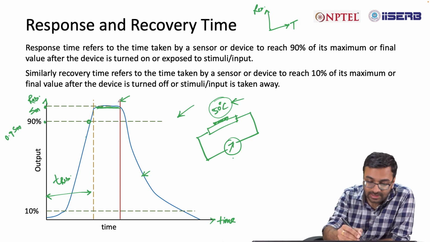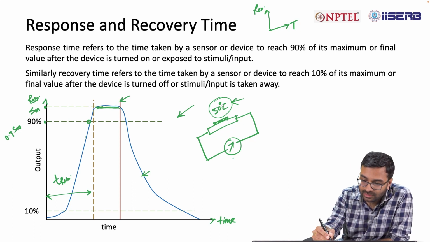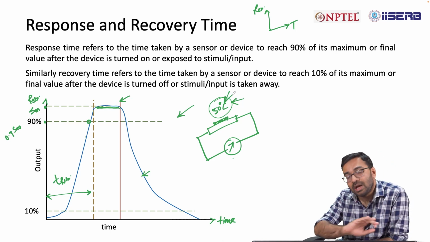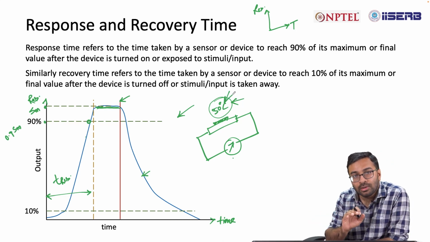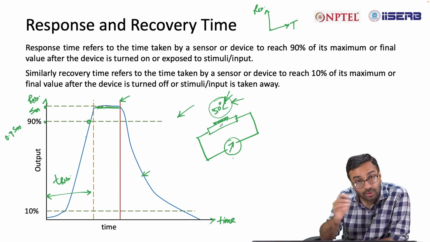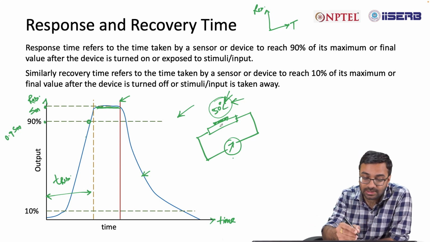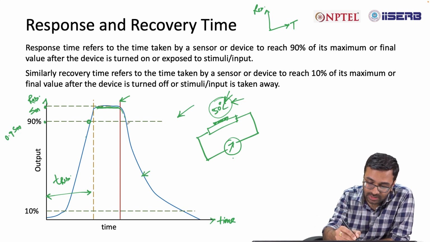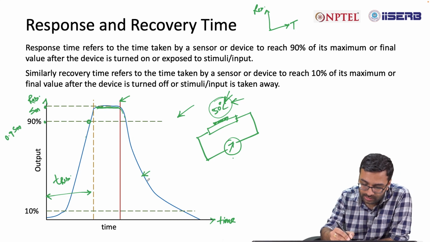And at this point, you have taken the source of temperature away, or you have brought that sensor back to room temperature. In that case, the response of the sensor will start decreasing with respect to time, that is shown over here.